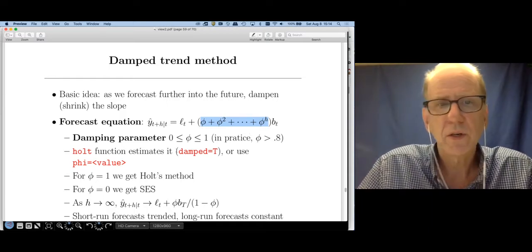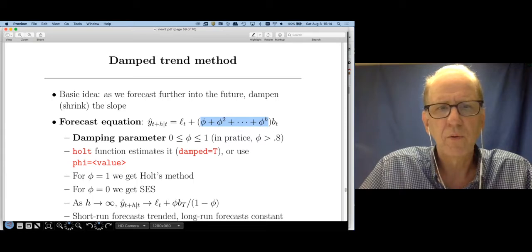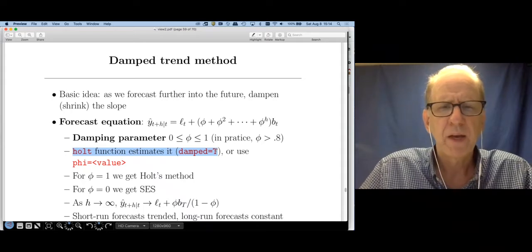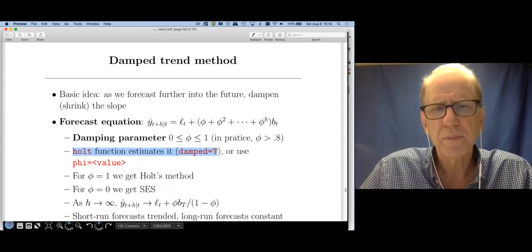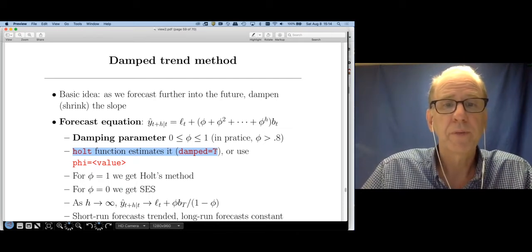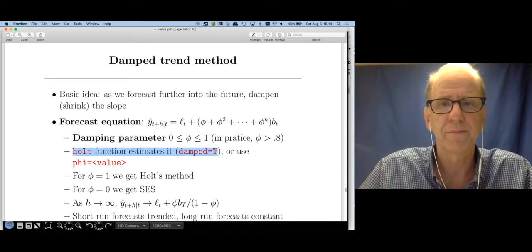So this phi is called the damping parameter, and it's something that R will either estimate. The Holt function estimates it with the damped equals true argument, and it tries to use it. It uses some cross-validation, and as long as the damping part improves your estimate, it uses the damping part. If it finds that the damping doesn't help you, then it just goes back to Holt's method.